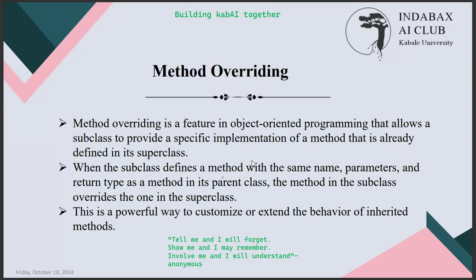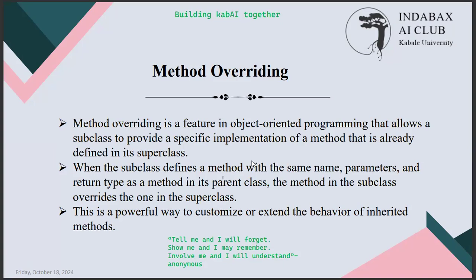Method overriding is a feature in OOP that allows a subclass to provide a specific implementation of a method that is already defined in its superclass. When a subclass defines a method with the same name, parameters, and return type as a method in its parent class, the method in the subclass overrides the one in the superclass.